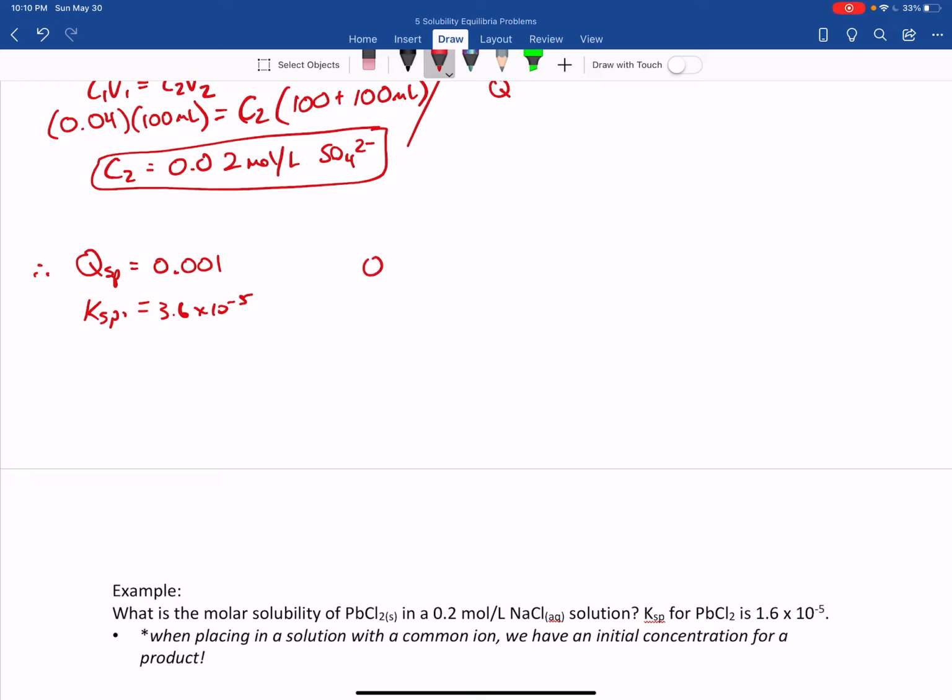So we can say in this case, Q is greater than K. And interpret that again. It means it's past equilibrium. So it will shift left, form reactants, which in this case means a precipitate will form, because the precipitate is the reactant of the equilibrium system.